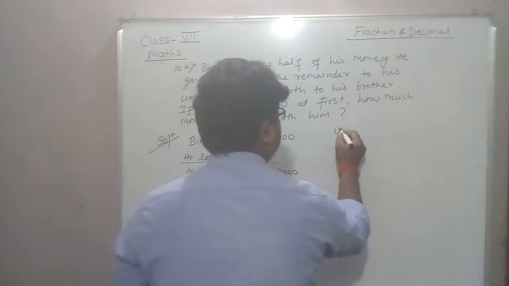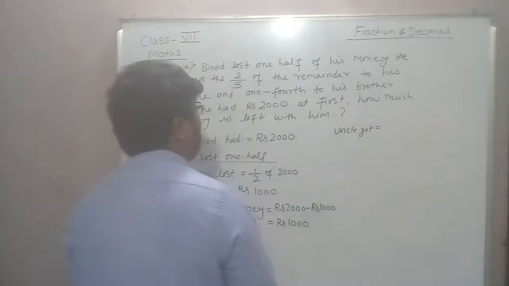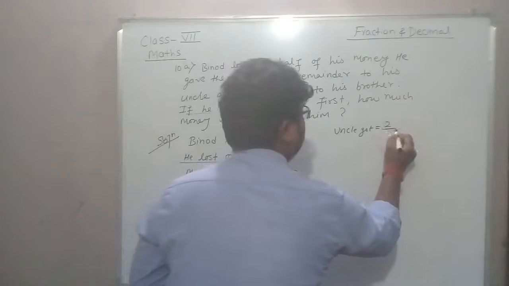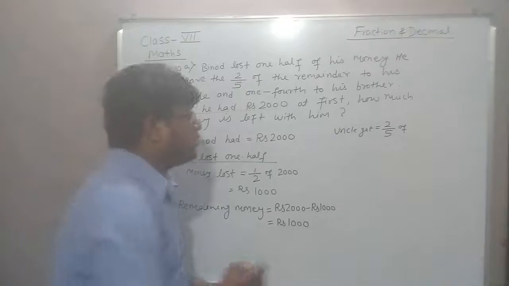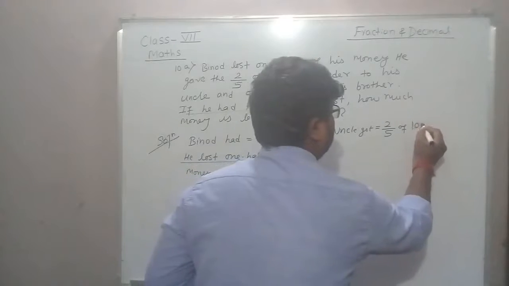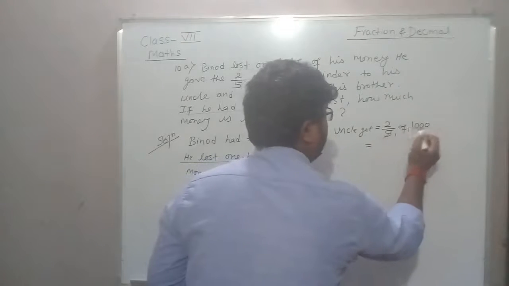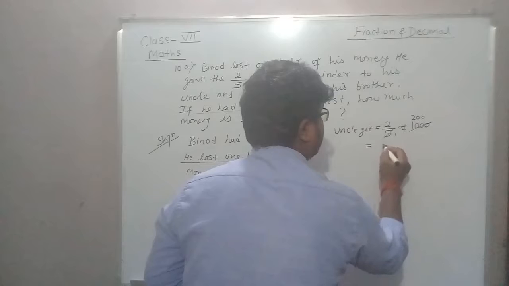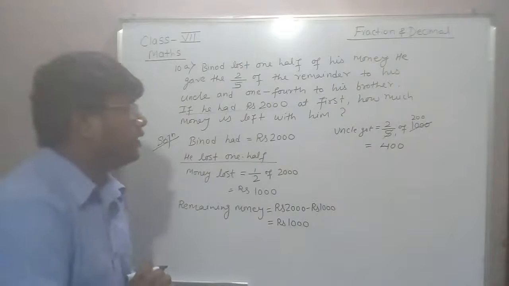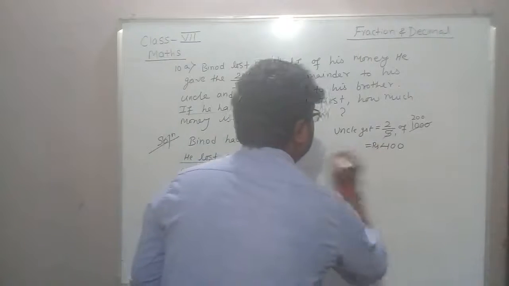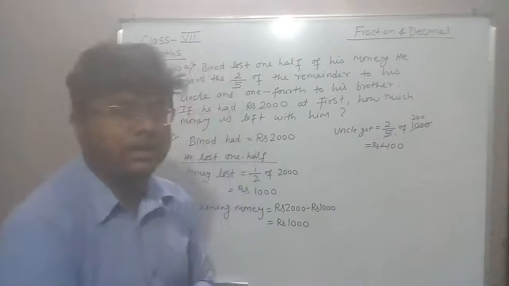So how much did uncle get? 2/5 of remaining money, and remaining money is your 1000. So 5 ones are 5, 5 twos are 10, that is your 400. So uncle got 400 rupees. Binod gave rupees 400 to uncle.